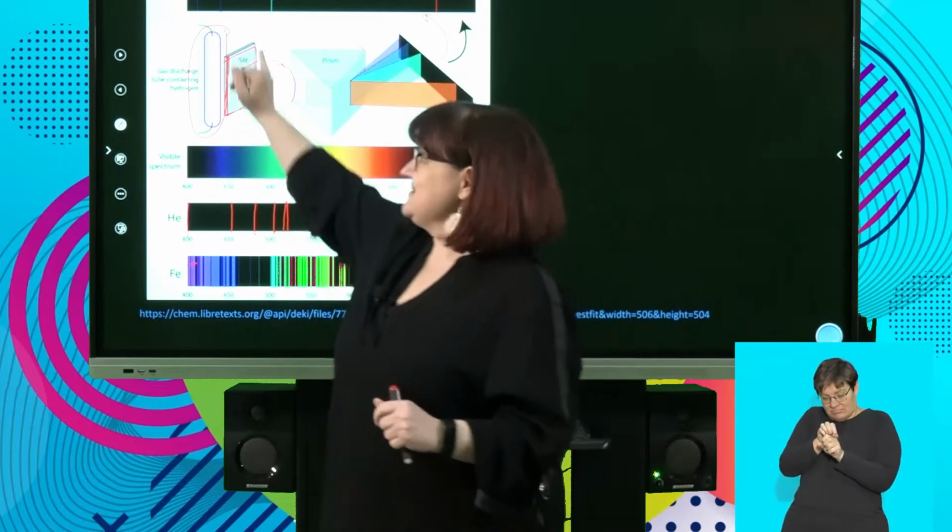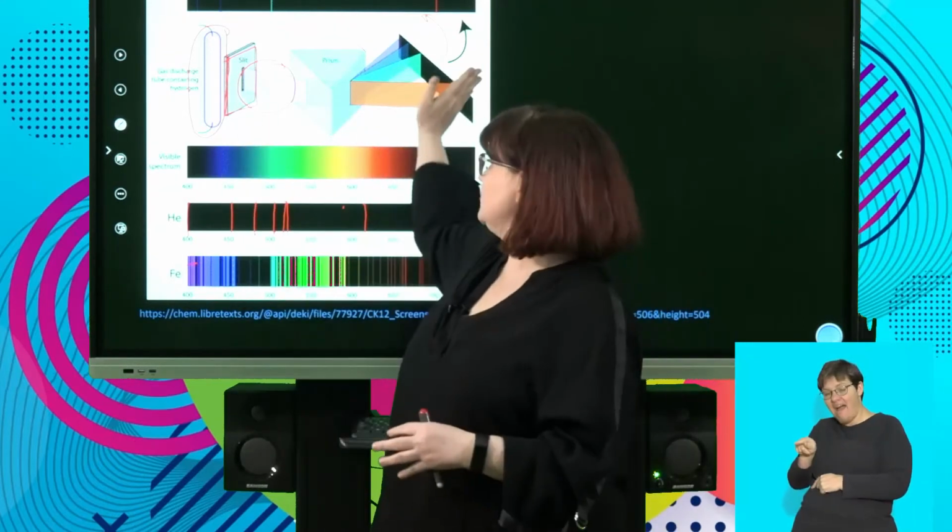And it's how they can identify elements if they're not sure. They put it through a special piece of equipment that does this, converts it to a gas, puts it through a diffraction grating, and out comes this pattern. And then they can identify what element it is, and that's exactly what we did with the sun.